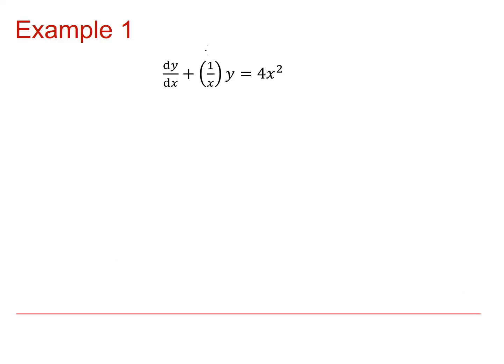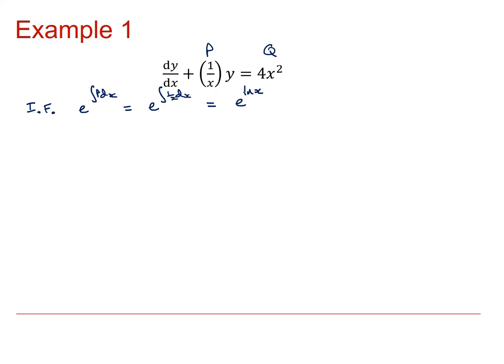Okay, let's have a look at this. If I think of this function 1 over x as being the p and this function over here as being the q, then my integrating factor is e to the integral p dx, which is e to the integral 1 over x dx, which is e to the log x.